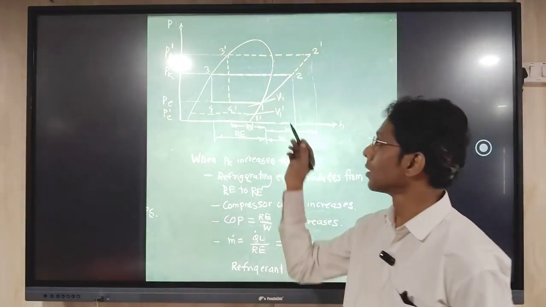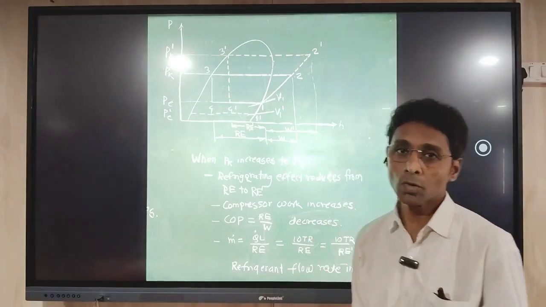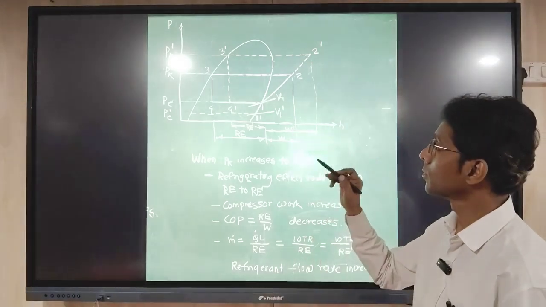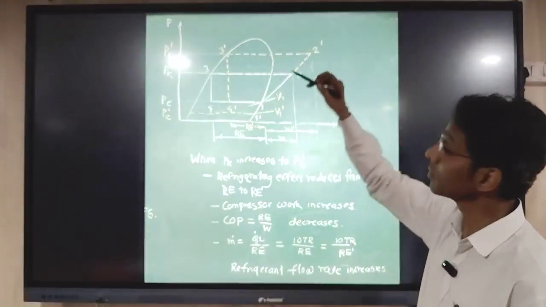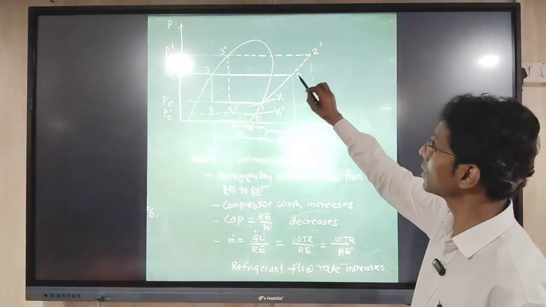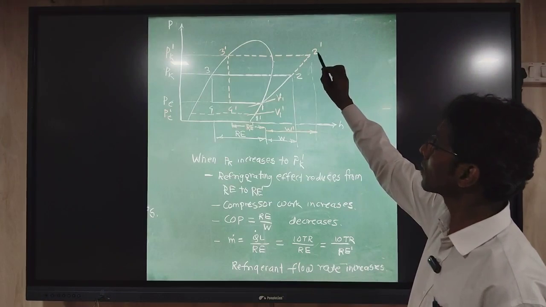And again, to reach that level, the compressor has to work more, and because of that the compressor exit point goes to the upper side. If you see here, this dashed line, 2 dash, is the compressor exit.